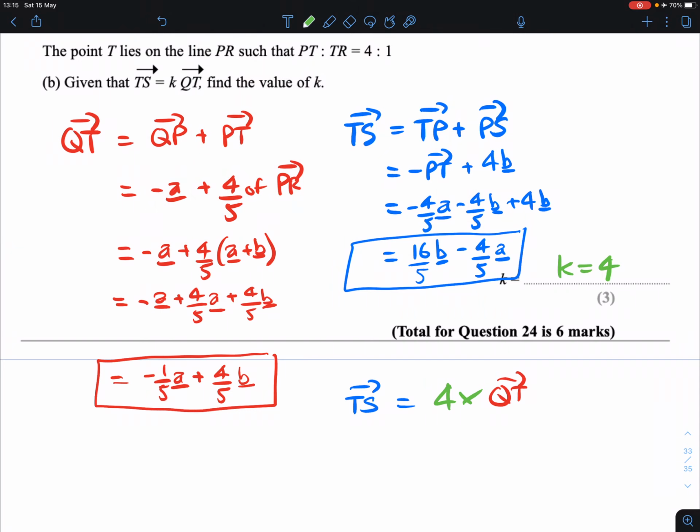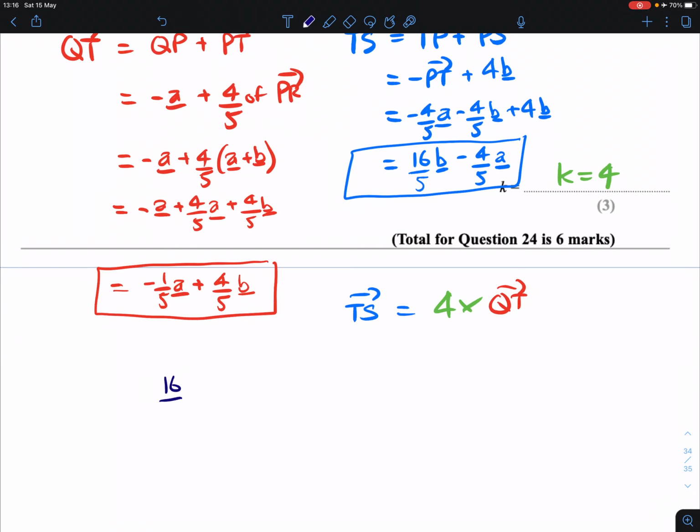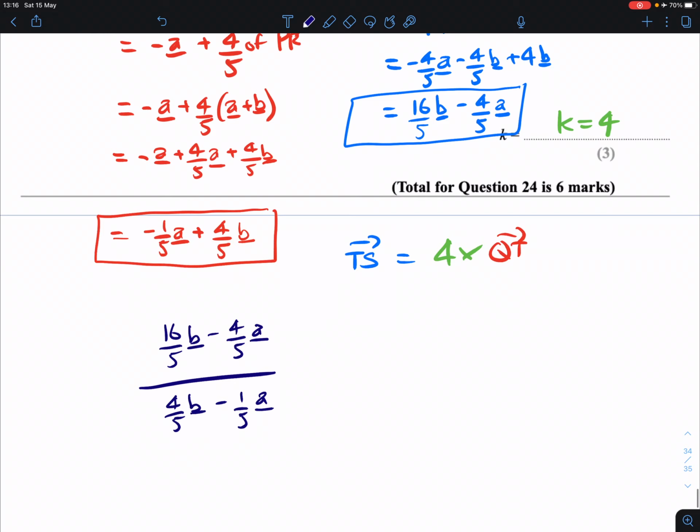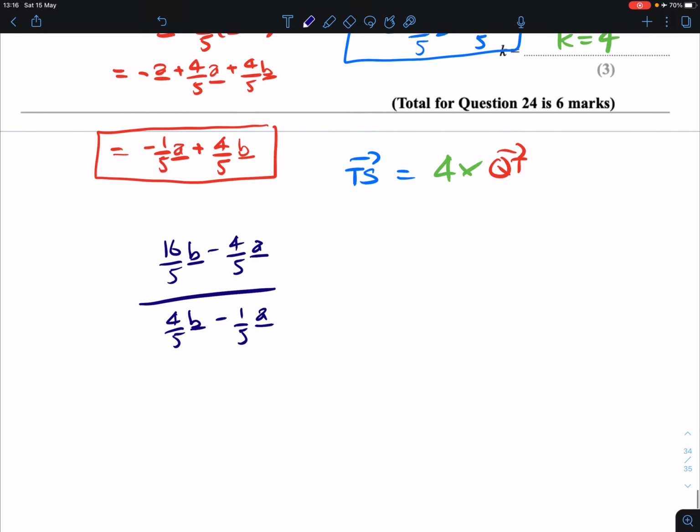If you didn't spot that, what you'd have to do is basically set these up as a fraction, which isn't the nicest, but if you have this over, I'll write the B's first here, as 1/5 of A, like so. Then it'd be a case of, well, all of these are fifths, so if I multiplied everything in the top and bottom by 5, that would become this.